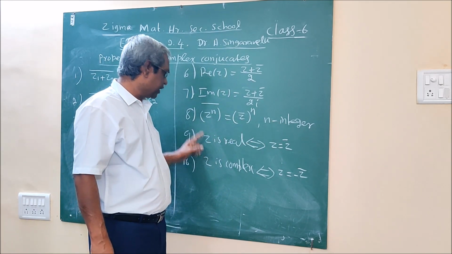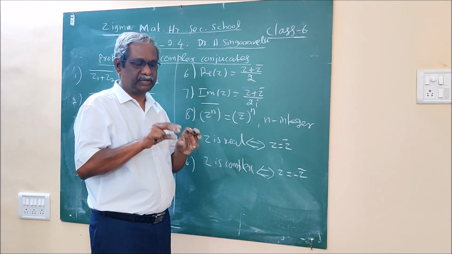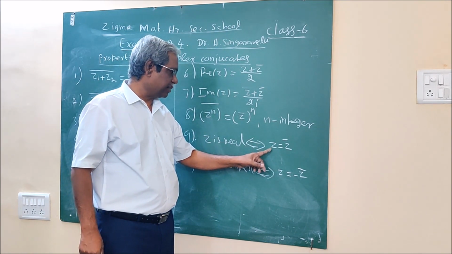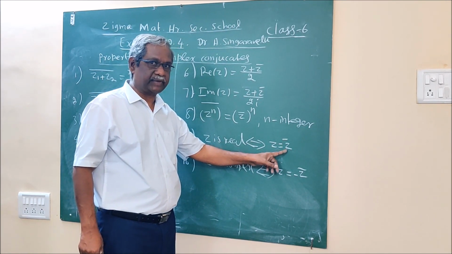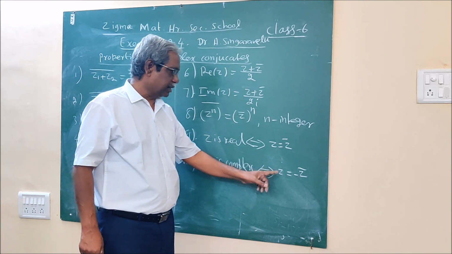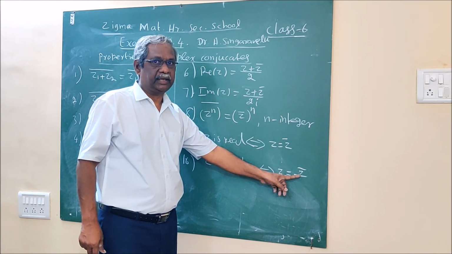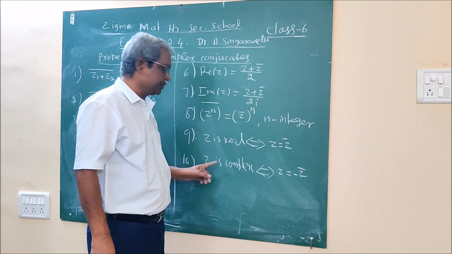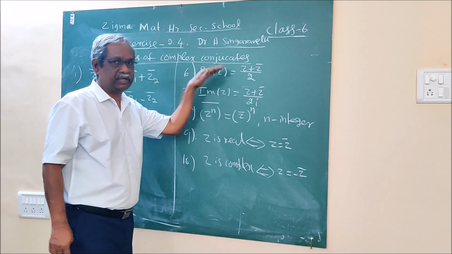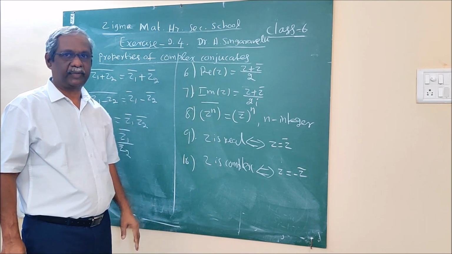Z is a real number if and only if Z equals Z bar, its conjugate. If a complex number and its conjugate are one and the same, then Z is a real number. Z is purely imaginary when it is equal to the negative of its conjugate. Right? Next, based on these properties, we are going to solve some problems.